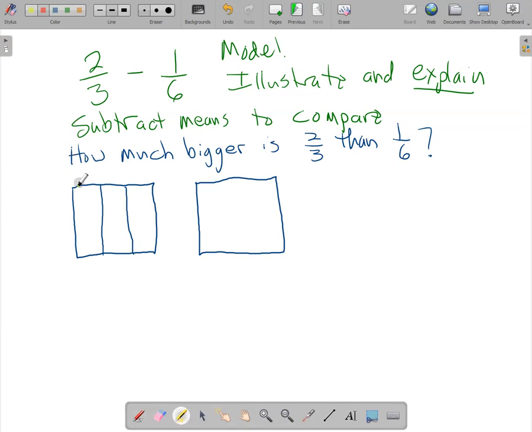So then this here is my 2/3. And I'm going to draw my 6 the other way. So I'm going to cut it in half. Those halves, thirds. Now, alternatively, I could have drawn thirds and then cut the thirds in half.